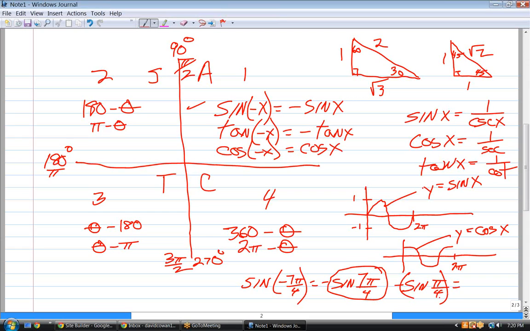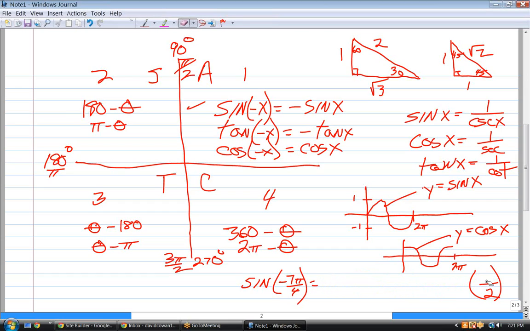So what's the absolute value of this? In other words, what's the sine of pi over 4? Oh, 1 over root 2, or root 2 over 2. And it's in the fourth quadrant, so I know it's negative, and I have that other negative, which makes it positive. Now, that's using my method to the extreme.